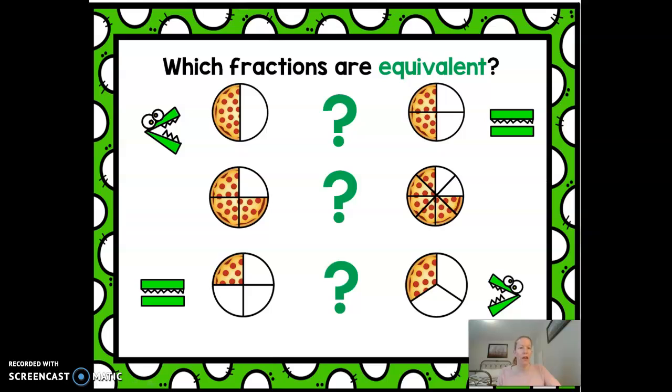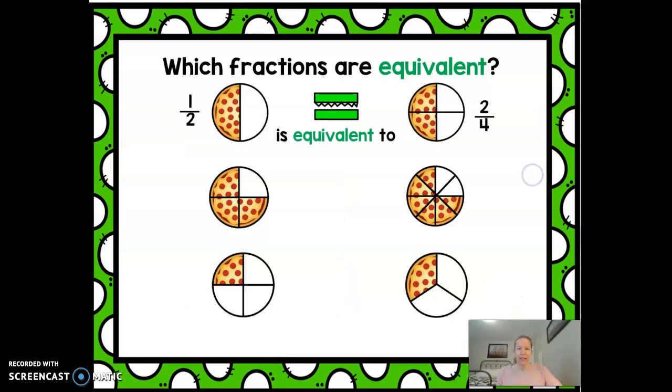Which fractions are equivalent? So what two pizzas have the same amount? I'll give you a second to think about it. Let's take a look. 1/2 is equivalent to 2/4. 3/4 is equivalent to 6/8.